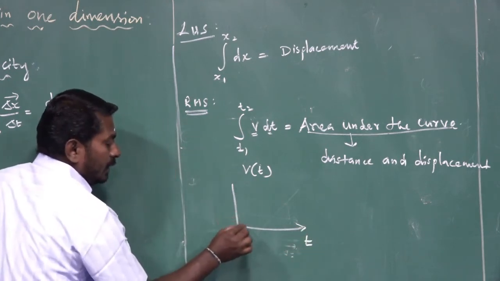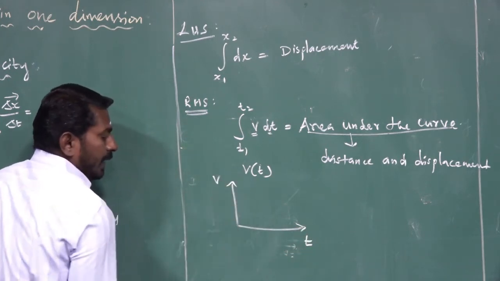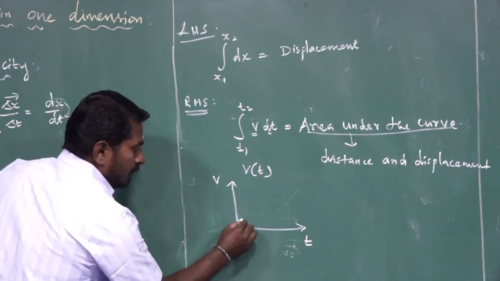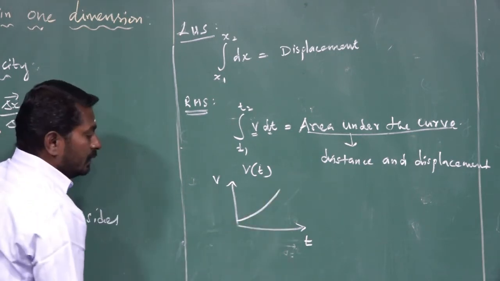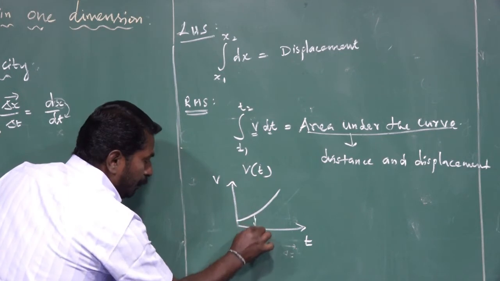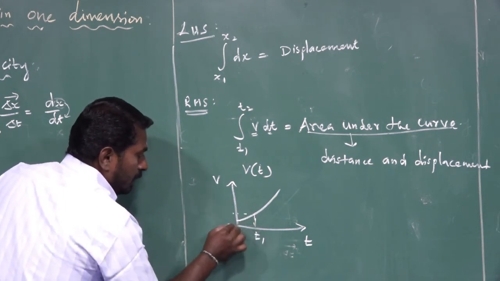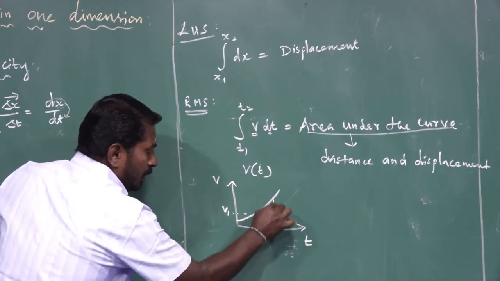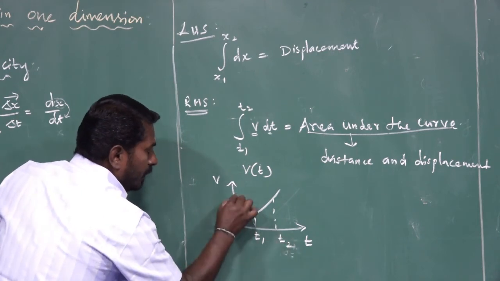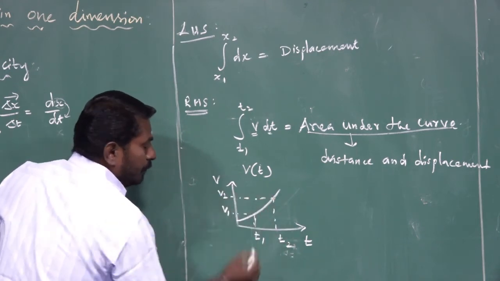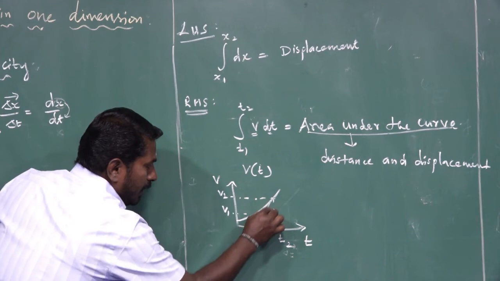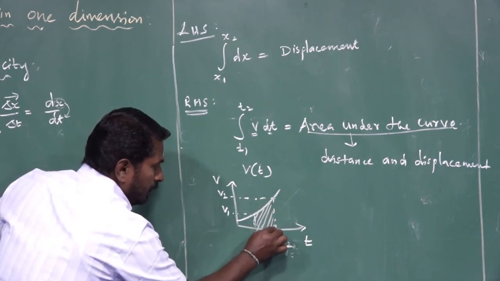Time is taken along the x-axis, velocity along the y-axis. We get a curve like this. At the time t1, see, velocity v1. At the time t2, velocity of the object is v2. We measure the area under this curve.